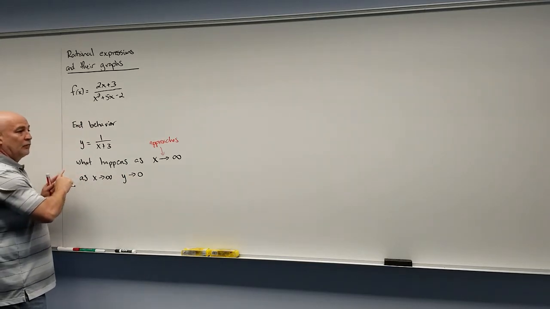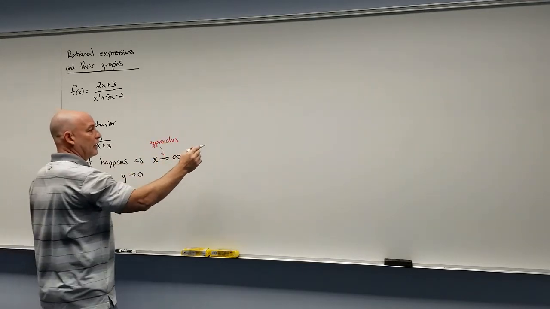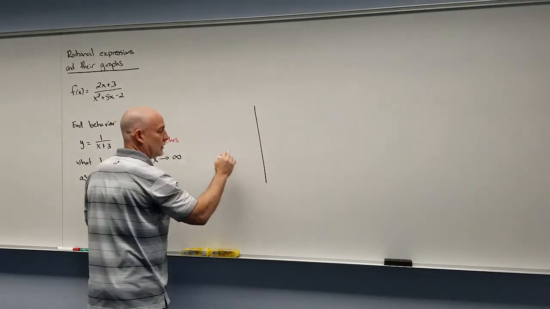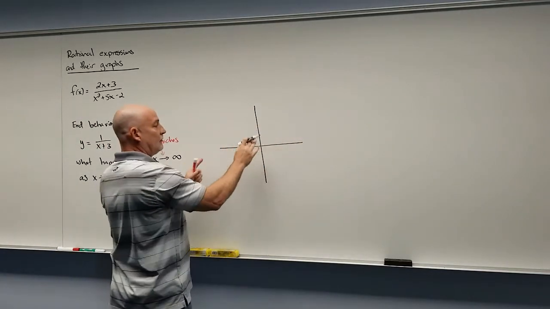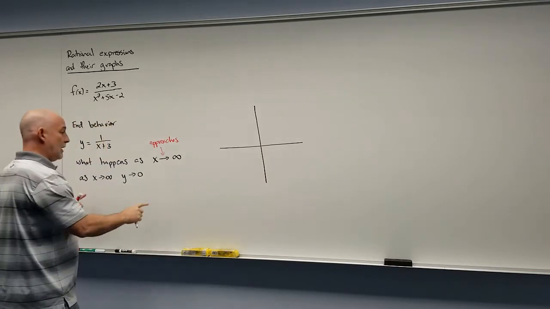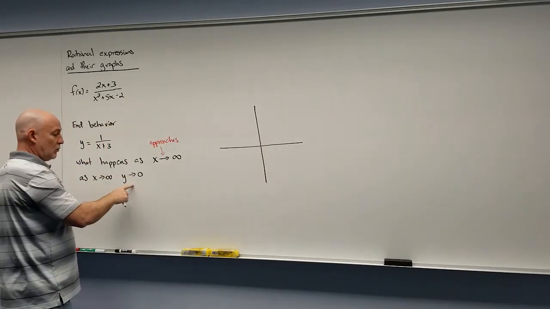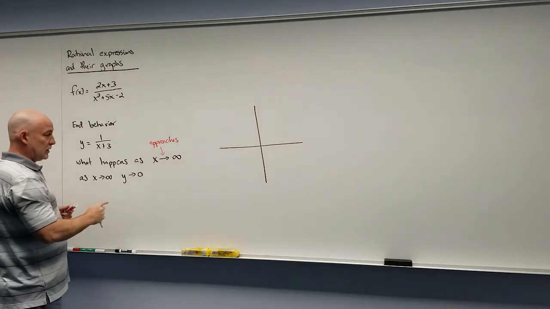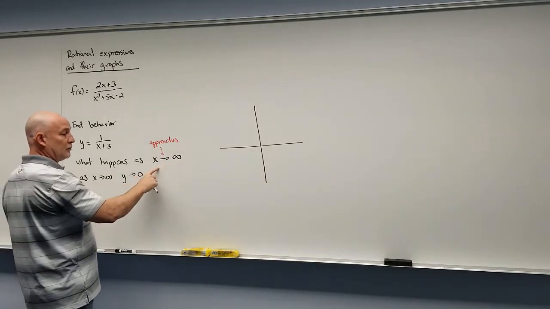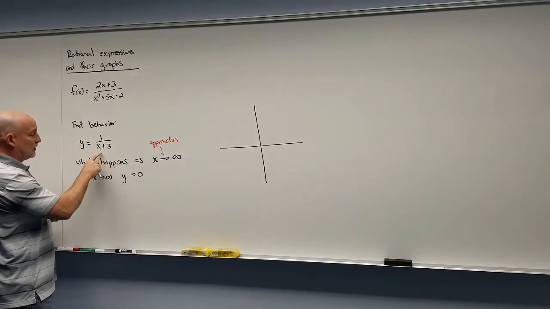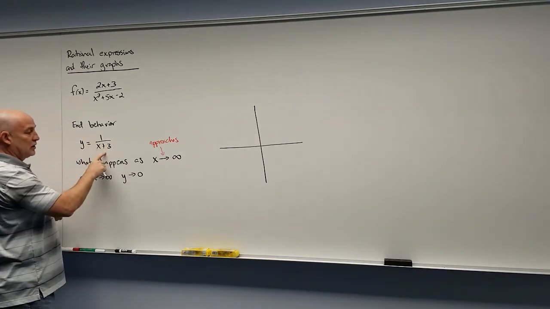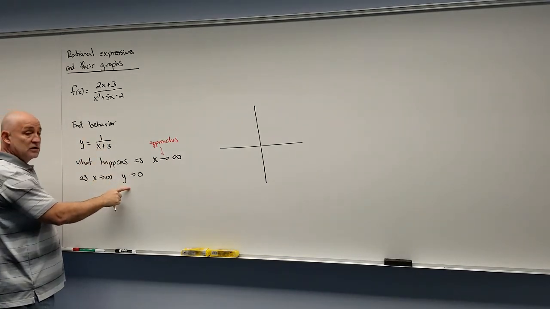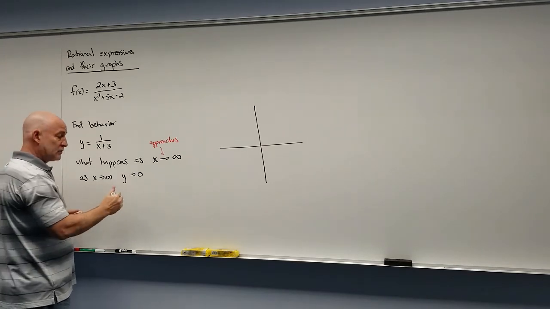Right? So think about it. As we go this way on the graph, I don't know what the graph's doing in the middle, but I know as x gets bigger and bigger, y is going to head towards 0. Now we have another little notation here. Since x is positive, heading toward positive infinity, that makes this entire expression positive. So we're heading towards 0, but all the y values are positive.